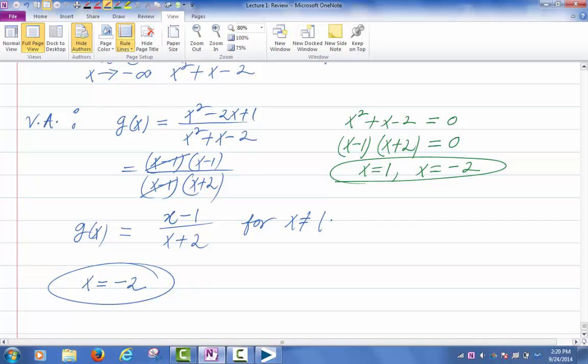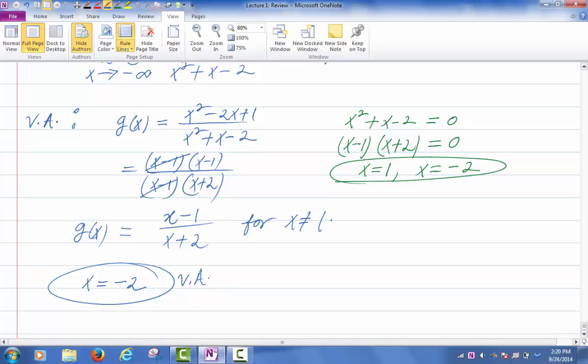I don't care whether it's plus or minus in this case, because all I want to check is that the limit is one of them, right? Am I making sense? So in this case, this is the only vertical asymptote that I have. Okay, did that make sense?